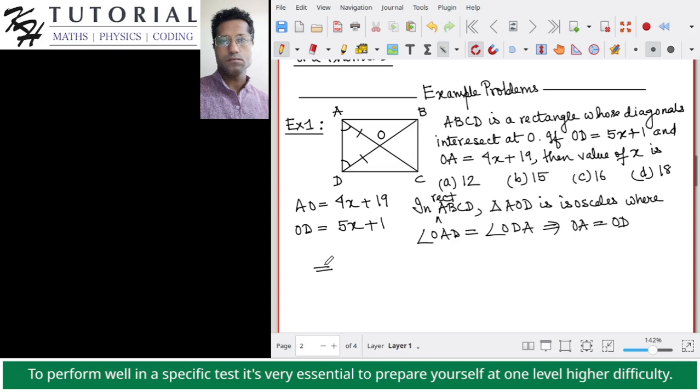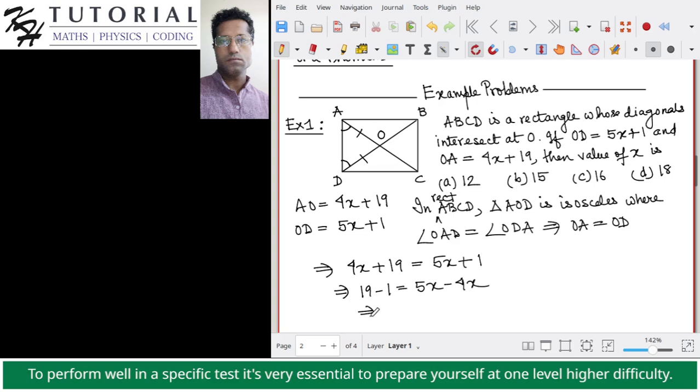So this again will imply AO is given to be 4x plus 19. This should be equal to OD and OD is given to be 5x plus 1. So we get a linear equation in x. So if I transpose all the x terms to the left hand side and all the constants to the right hand side, I get 19 minus 1 is equal to 5x minus 4x.